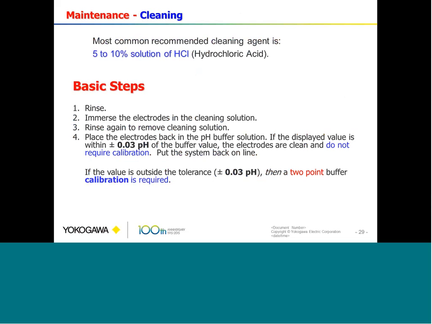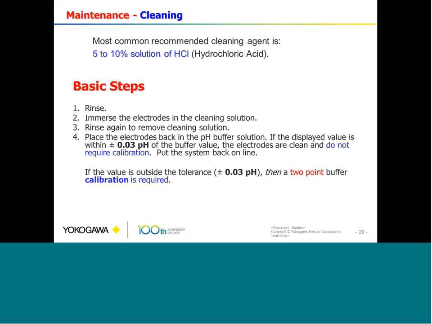But cleaning may be the only thing that's required in between, and the way to do that is, we've found, the rule of thumb is whatever your application is, in order to clean, you use whatever works. But we found that a 5 to 10% solution of hydrochloric acid works best in a wide variety of applications. Obviously, you rinse the electrodes, you clean them, then you rinse them again to get that cleaning solution off, and then you put them in a pH buffer and you make a measurement.